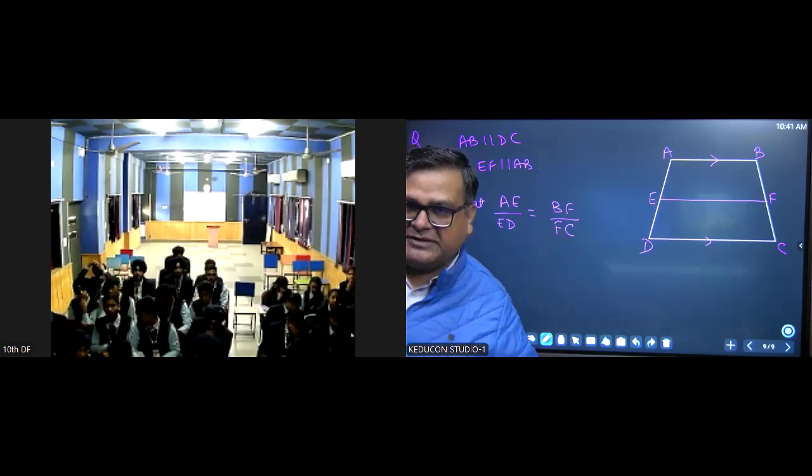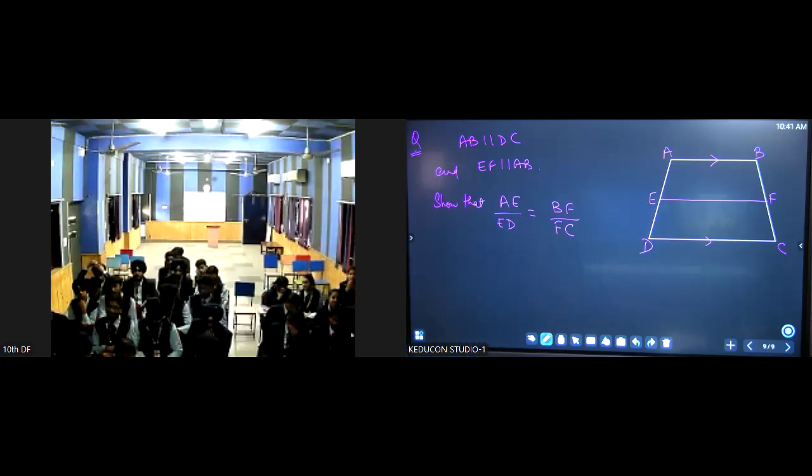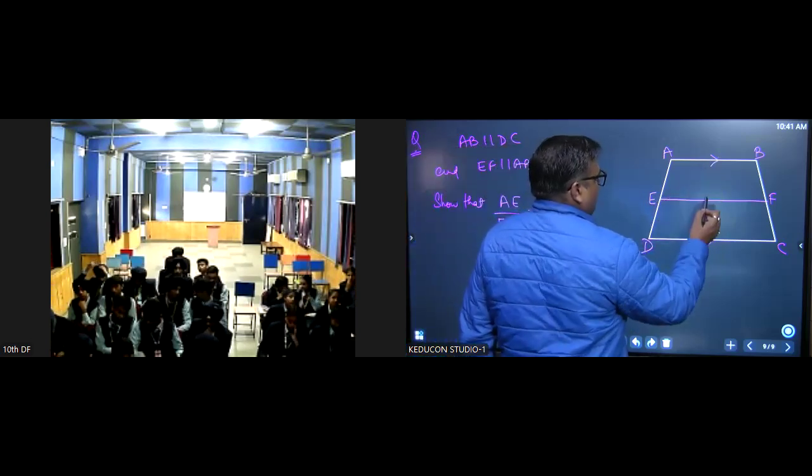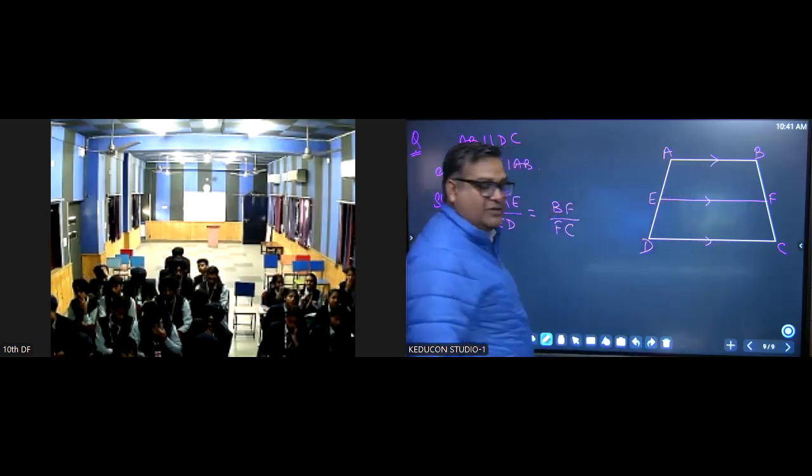तो दो चीजें गिवन है बच्चों, AB is parallel to DC and EF is parallel to AB. अच्छा, now this is parallel to this, this is parallel to this, तो ये आपस में भी parallel हो गए बच्चों.